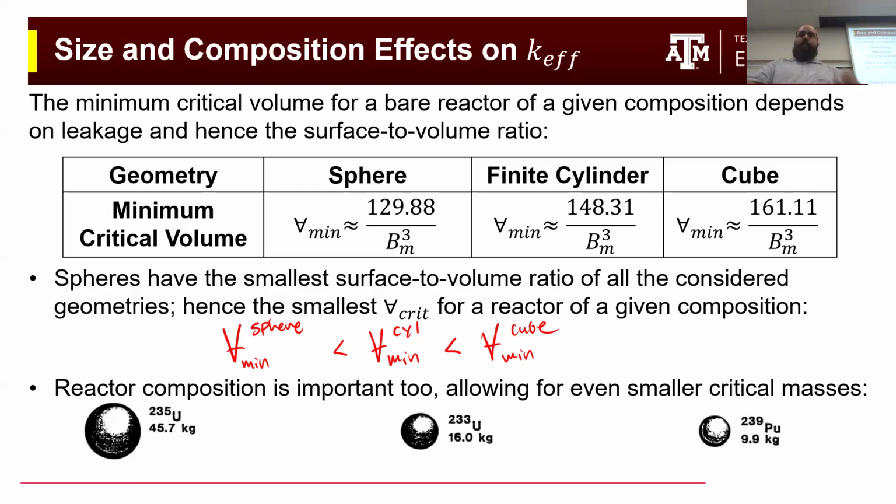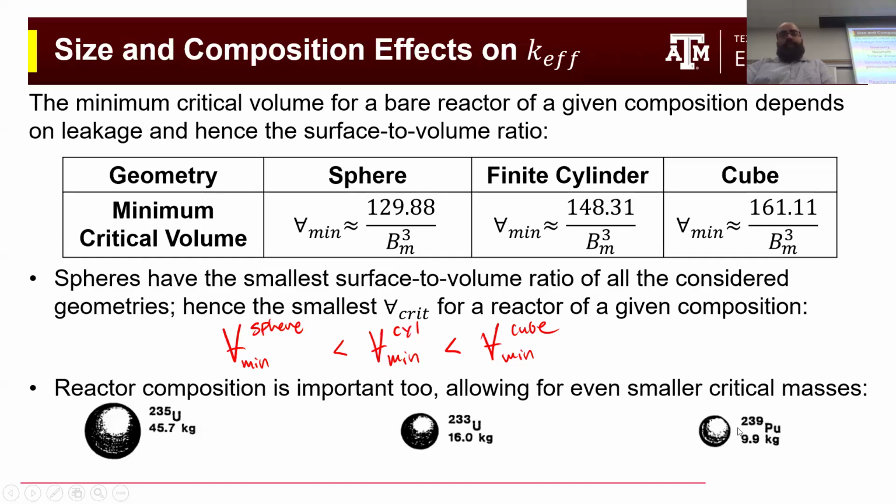So the geometry makes a difference in terms of which shape is the most efficient, but the composition matters too. This is illustrating how if you have different spheres composed of different nuclei, the more efficient material can have an even smaller critical mass.